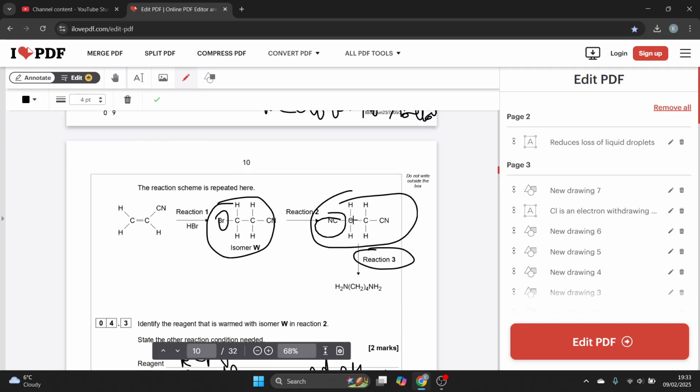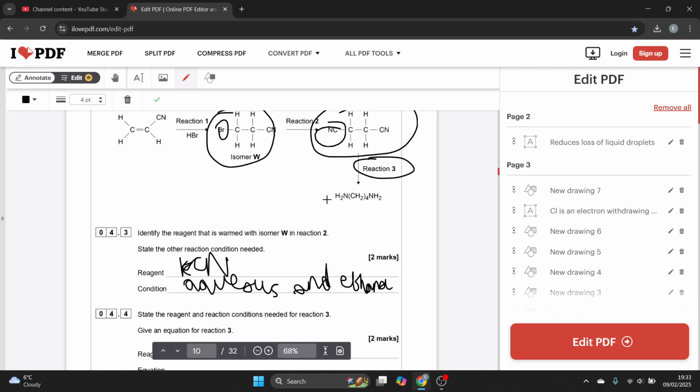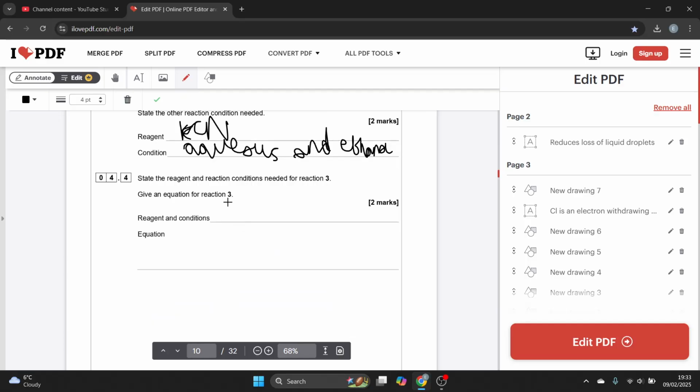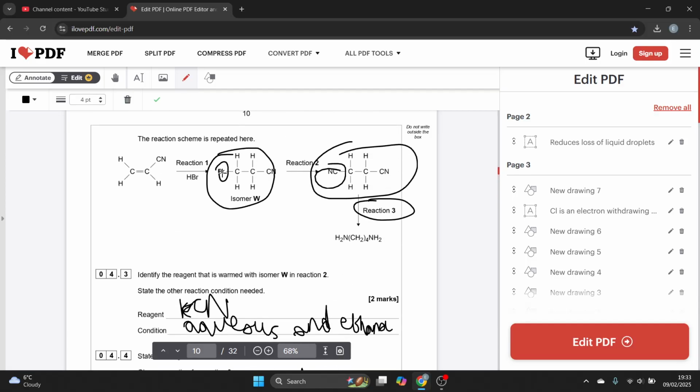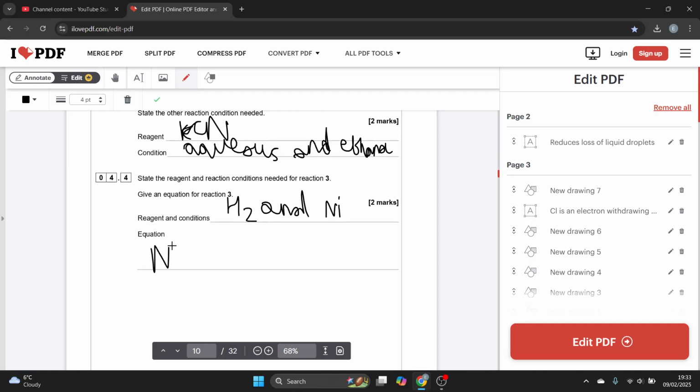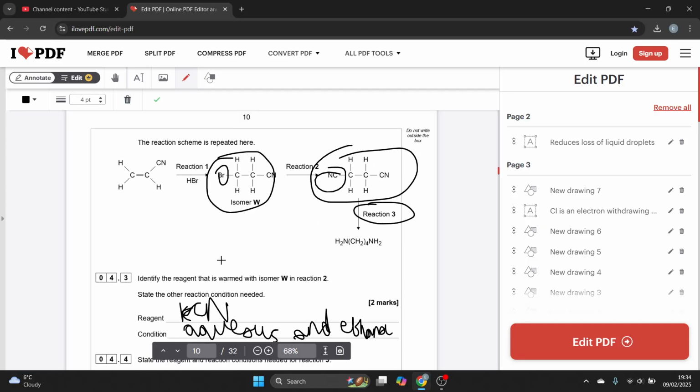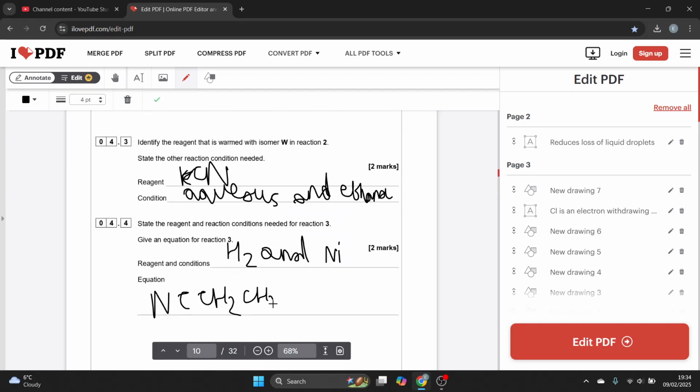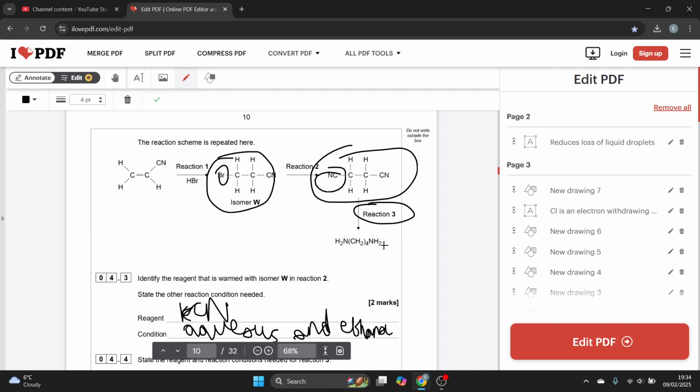State the reagent and reaction conditions needed for reaction 3. So I'm going from this nitrile to an amine. So hydrogen and nickel, and then let's draw it out. NCCH2CH2CN plus how many hydrogens am I adding?